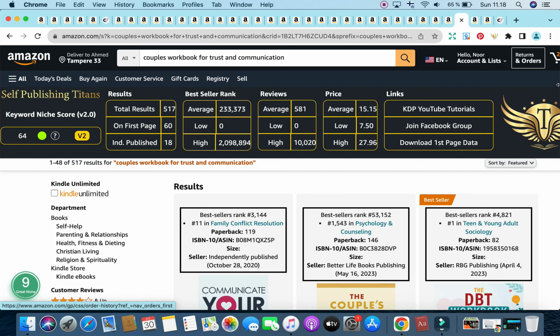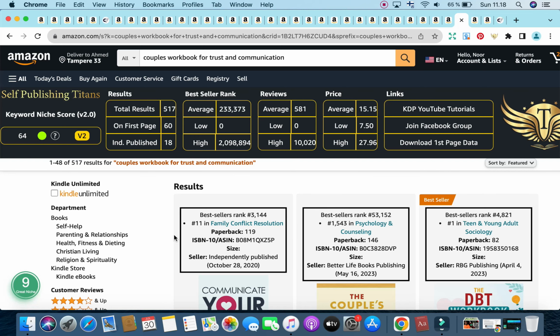The average reviews are 581, and the average price is $15.15. I'm quite happy with the keyword niche score given by both Self-Publishing Titans and Amazon Scout Pro, which gives us a 9, and it beautifully complements the 64 right over here. So we have a confirmation by both of the massive Chrome extensions that we rely on for profitability.